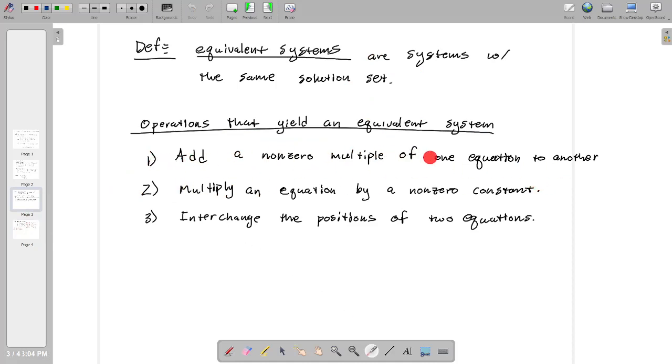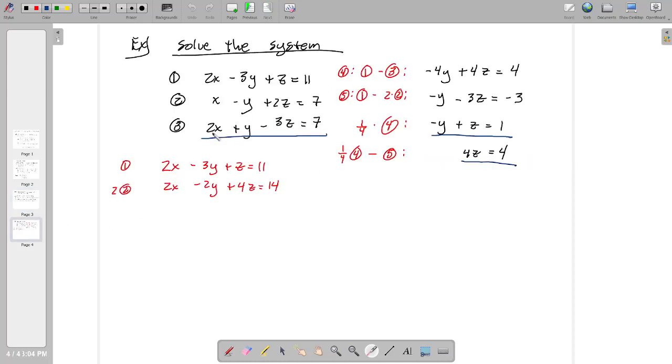I've only added a non-zero multiple of one equation to another, in the form of either multiplying by 1 and subtracting, so 1 minus 3, or taking an actual multiple of one of the equations, 2 times 2, and doing equation 1 minus 2 times another equation. So these yield an equivalent system.